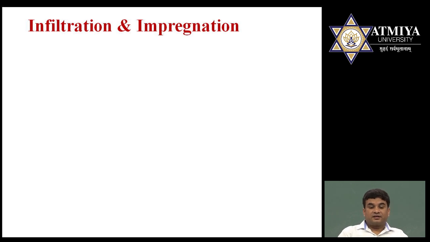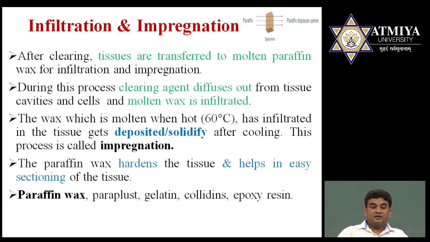The next step is the infiltration and impregnation of the tissue. You use paraffin as the infiltration reagent. After clearing, the tissue needs to be transferred into molten paraffin for infiltration and impregnation. The paraffin infiltrates the tissue in the molten stage, and finally it solidifies and gets fixed inside the tissue.